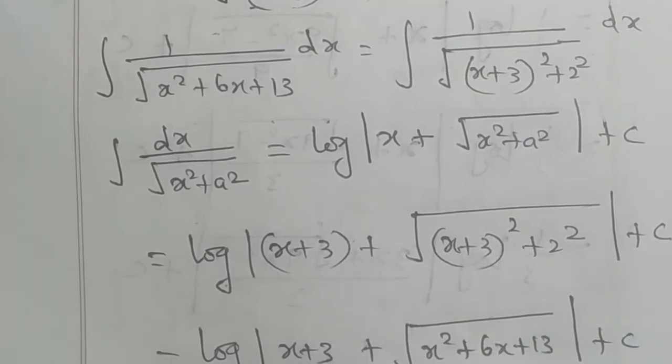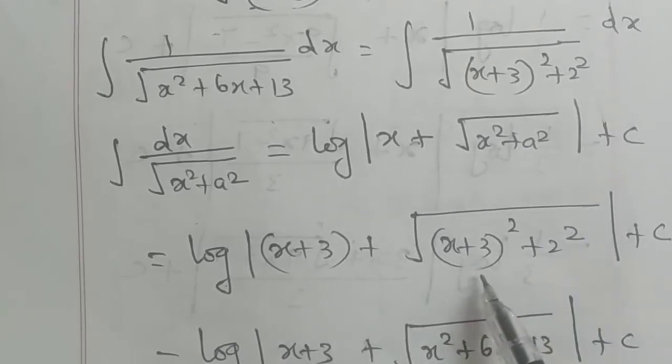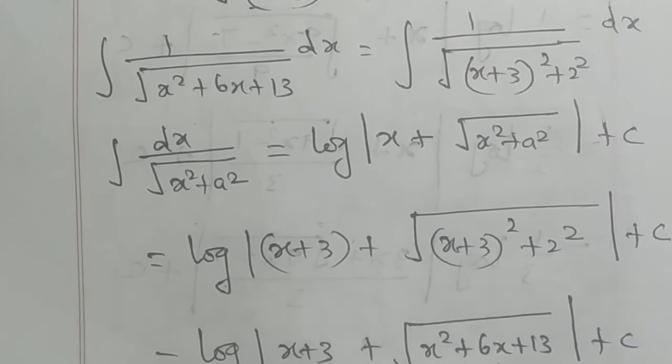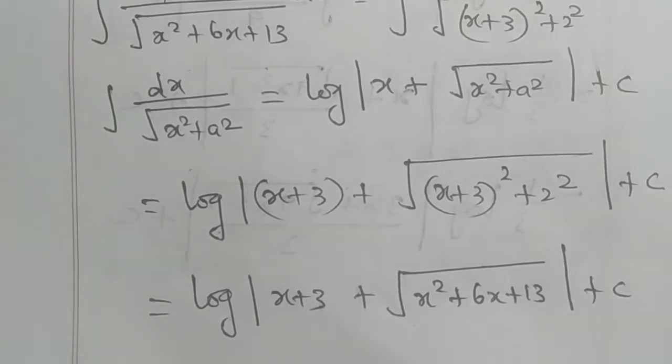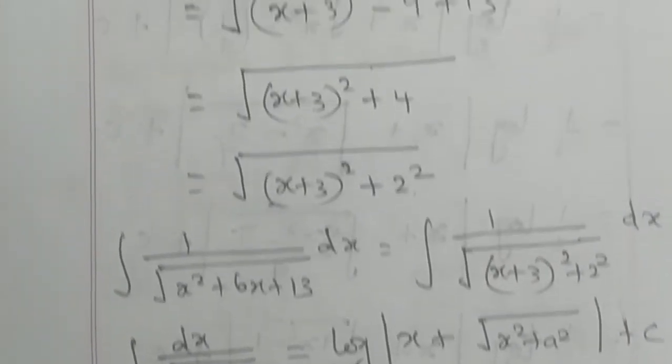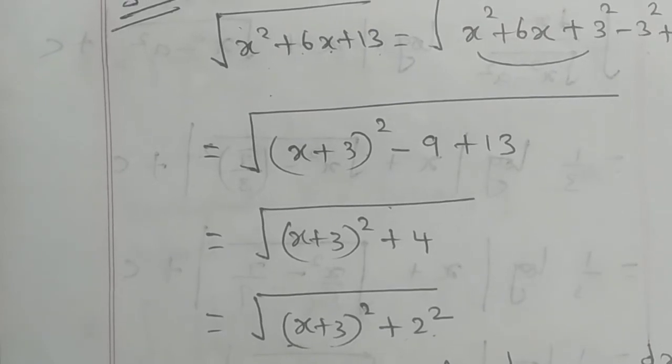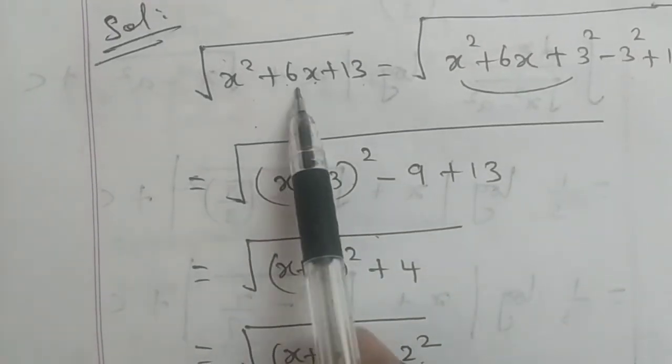So finally we get log of x plus 3 plus this term, and this whole term is our question only. We simplified it: square root of x square plus 6x plus 13, plus c. What is given in the question? Square root of x square plus 6x plus 13.